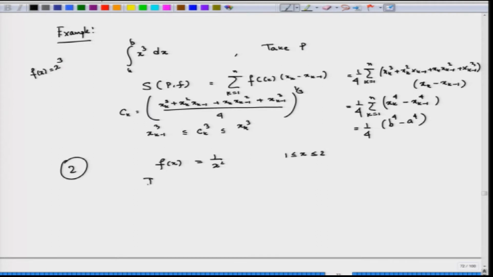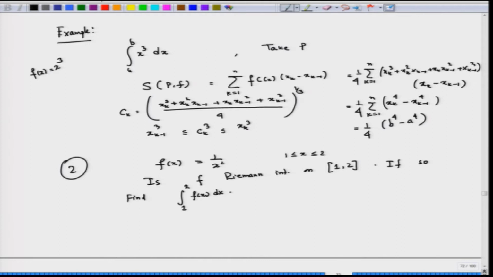Is f Riemann integrable on the interval 1 to 2? If so, find the integral. So this is the proper question.